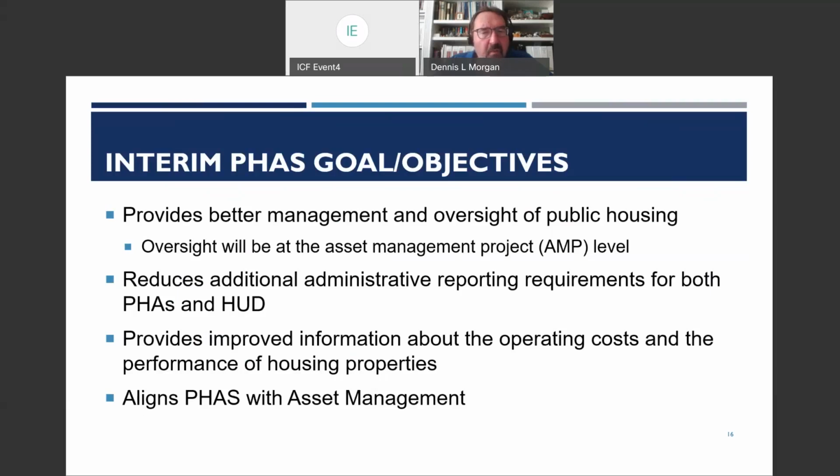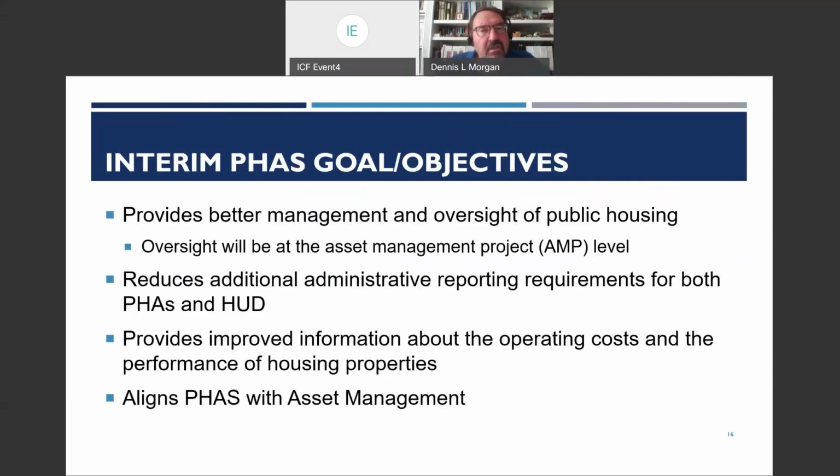Also think about aligning my systems so that I'm providing the best services to the properties as well. Trying to move those staff out of central and get them into the management of the properties as well. Try to move my maintenance staff from a central into a decentralized concept as well in the world of asset management.